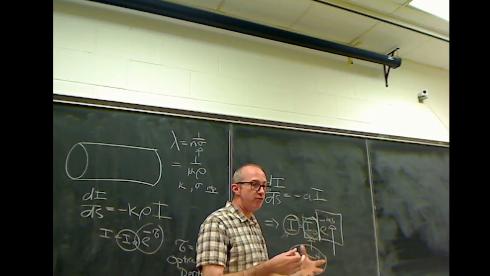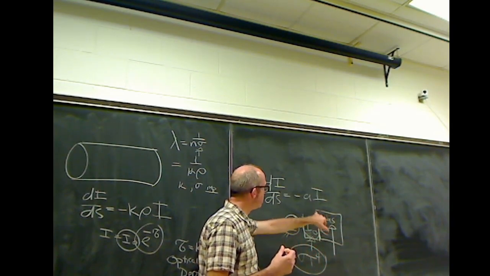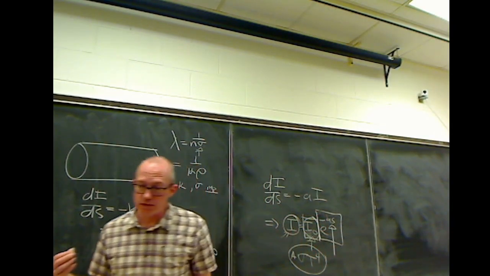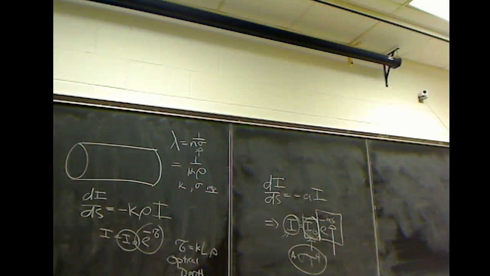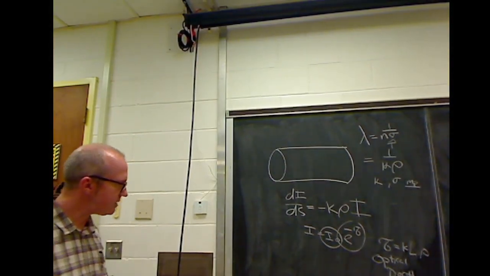So I have some fraction in a certain time period that's going to decay, and that gives me this. For nuclear decay, I have a similar expression. Okay, so let's talk about the various sources of optical depth, of opacity.